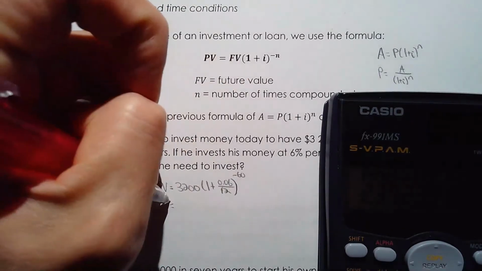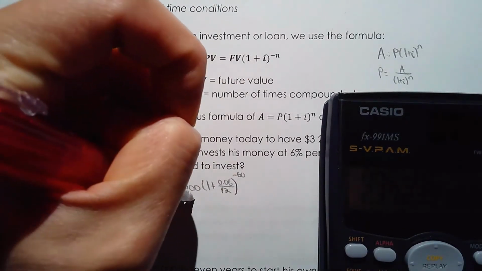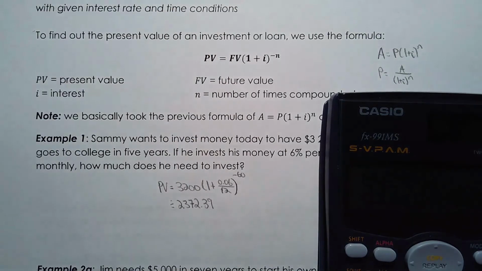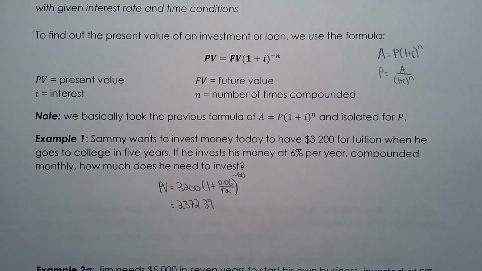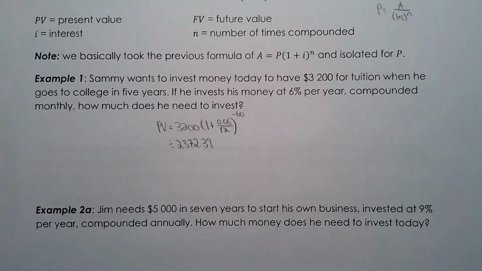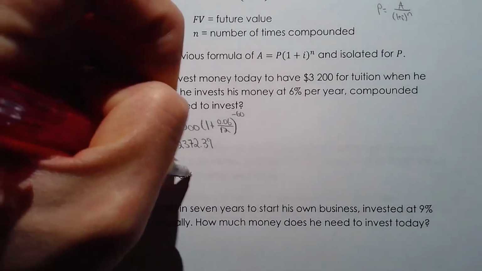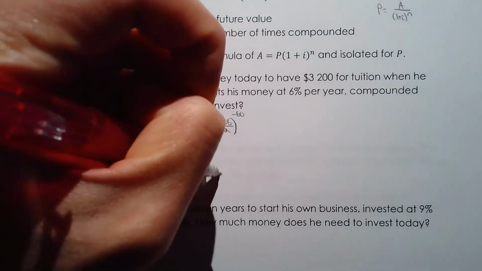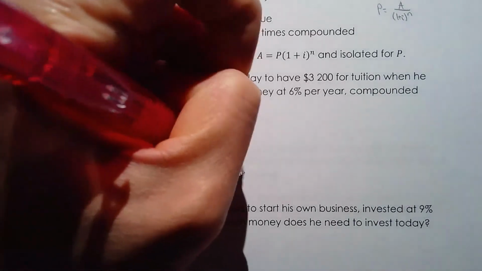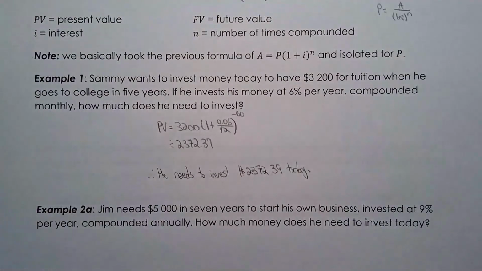So we're looking at 2372. So he needs to invest $2,372.39 today, right now. Okay, get on it, Sammy.